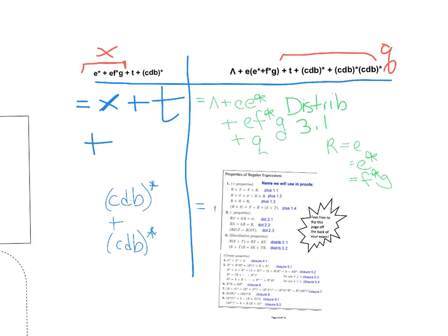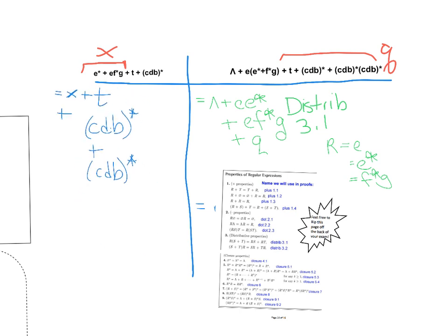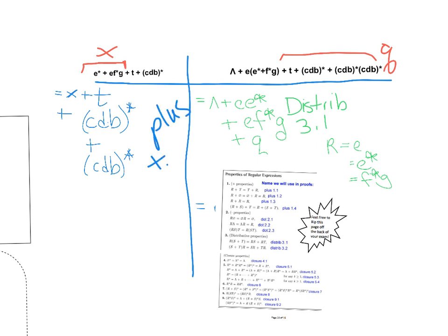All right. And that was just a simple application of one of the plus rules, plus 1.3. Fortunately this is my scrap paper, it doesn't have to look nice. So it was plus 1.3, right?